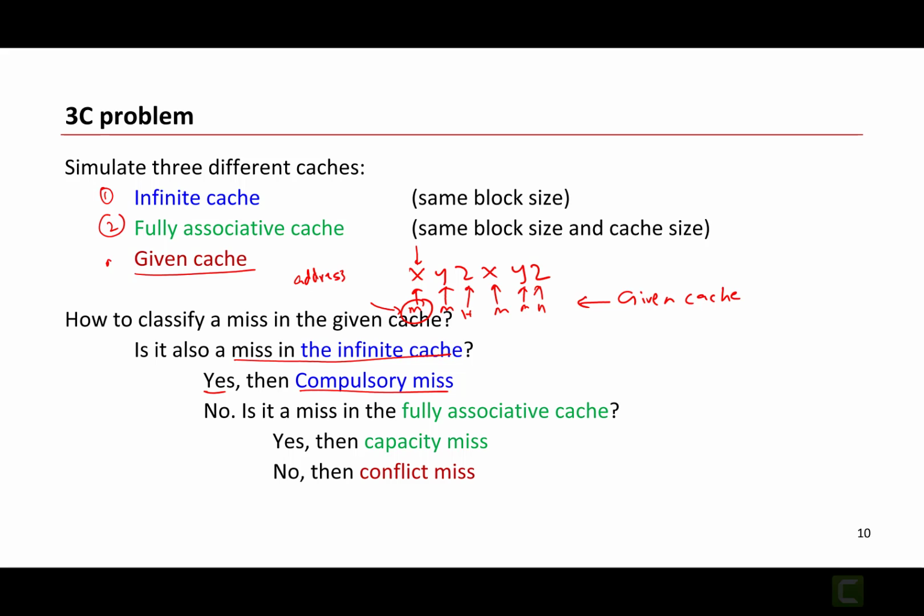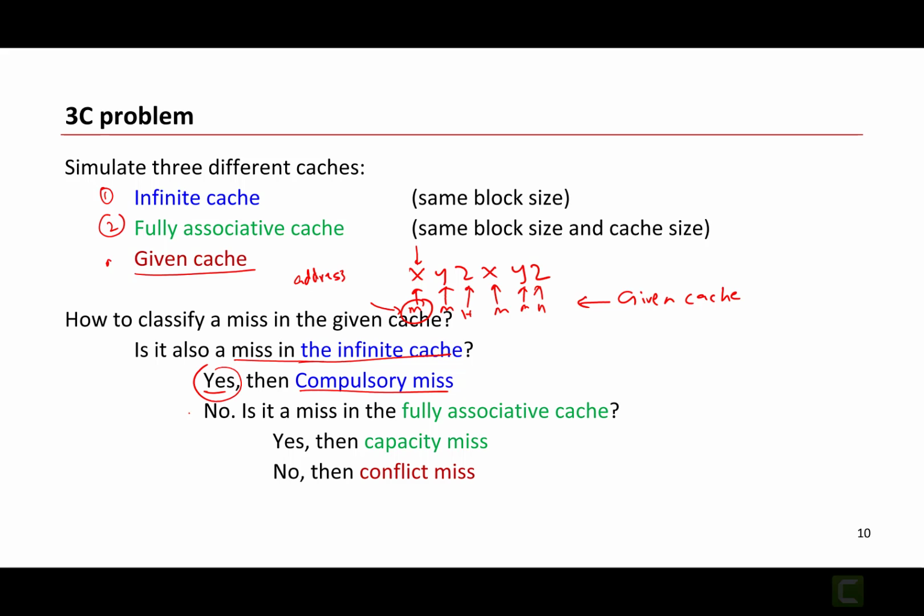The way to think about it is, if a miss in the given cache is also a miss in the infinite cache, then no amount of capacity or associativity is going to turn this miss into a hit, and therefore the miss is compulsory. The only way in which you could reduce compulsory misses is by increasing the cache block size to exploit more spatial locality.